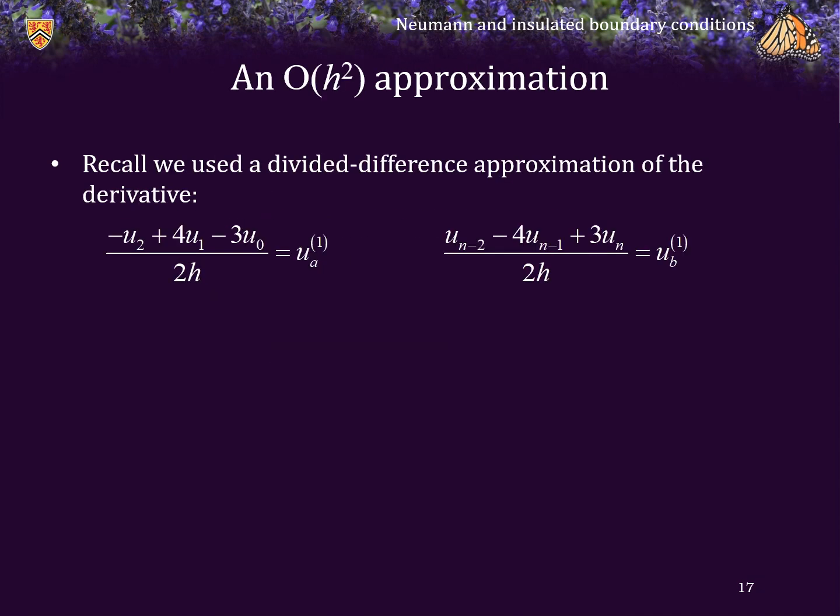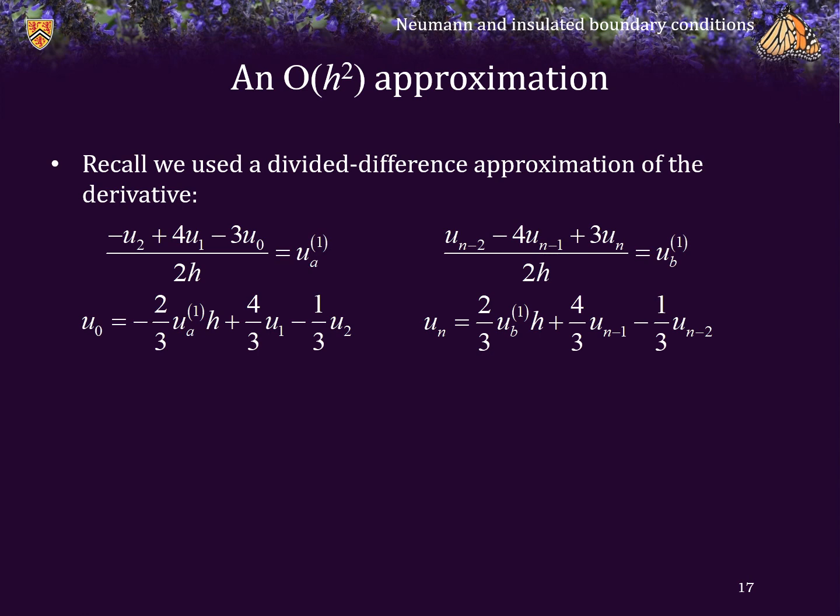You will recall, however, that we did indeed introduce both a forward divided difference approximation of the derivative and a backwards divided difference approximation of the derivative, both of which were order h squared. Again, both of these approximations used 3 terms, not just 2. Consequently, we can solve each of these for u0 and un respectively.